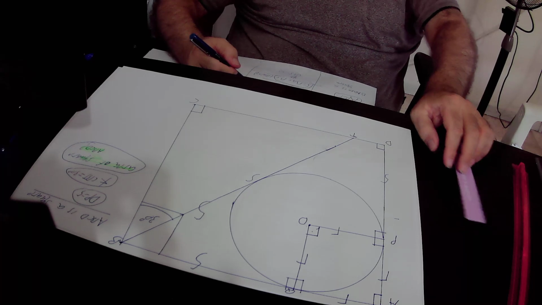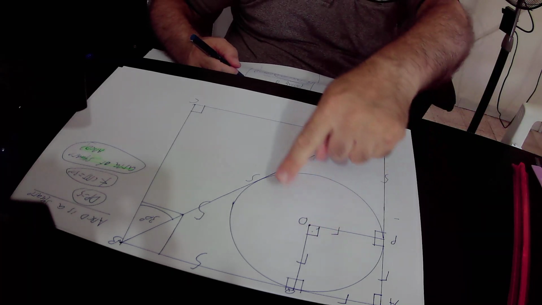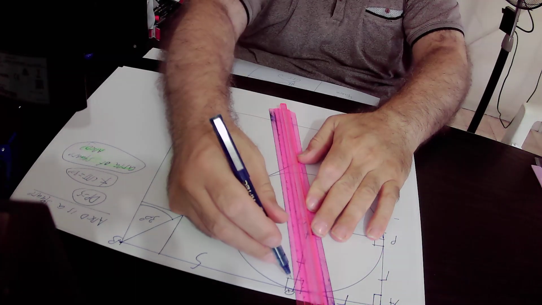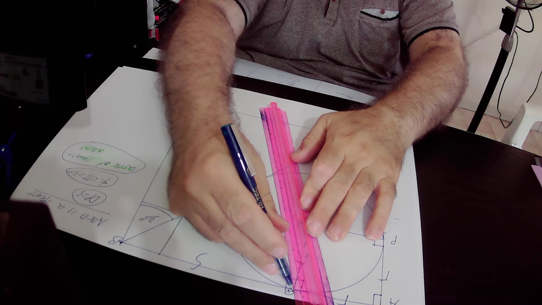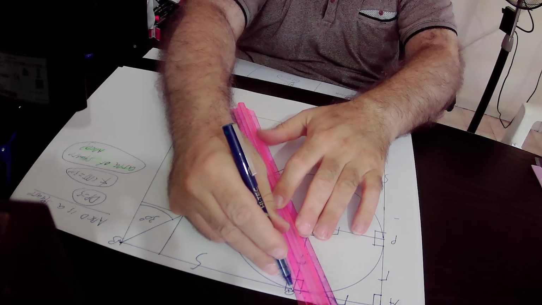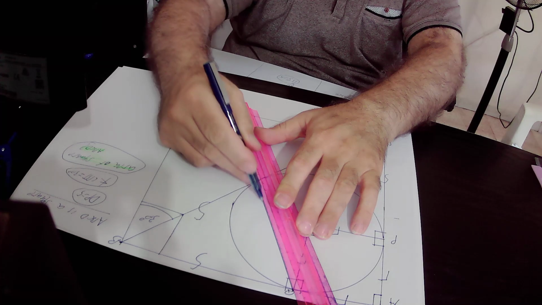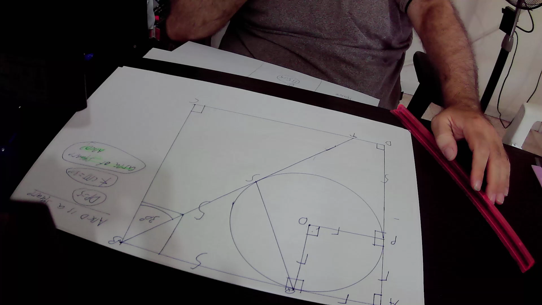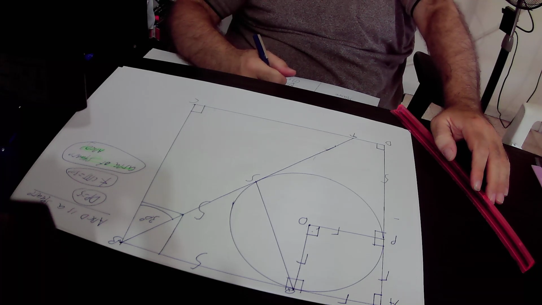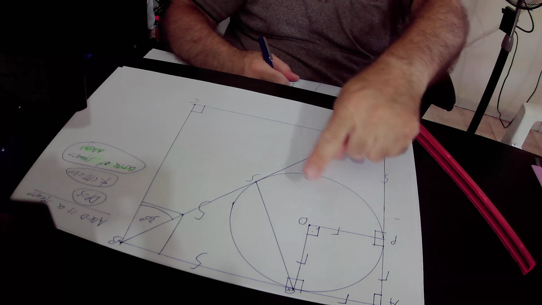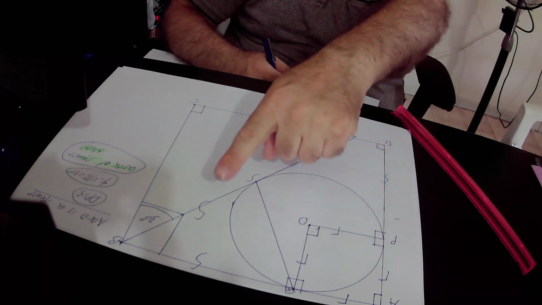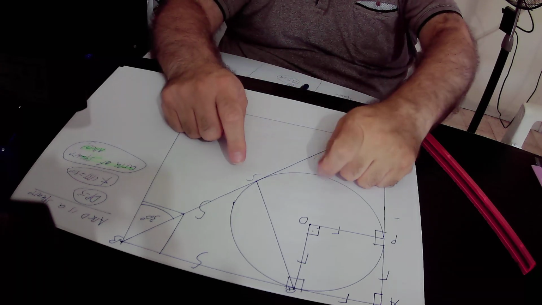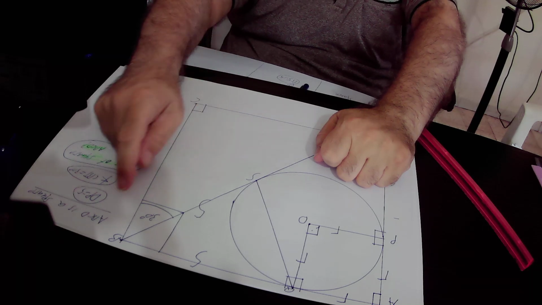In the next step, we'll join points Q and S together by a straight line. By joining points Q and S, we created triangle QBS. In triangle QBS, side BS equals side BQ.